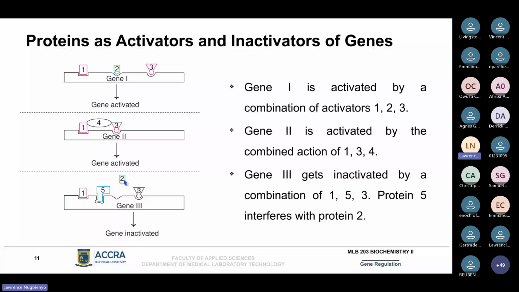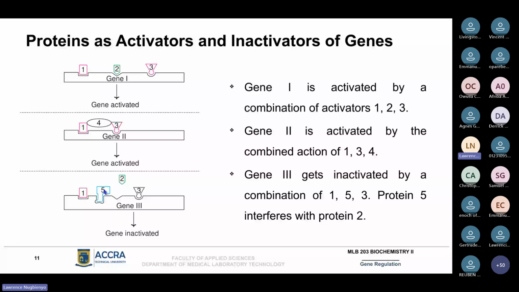But when you have another gene, which is depicted as number 5, coming in to interact with the gene directly, it causes one of the proteins, number 2, to dissociate and leave that complex. Once it leaves, the gene no longer gets activated.